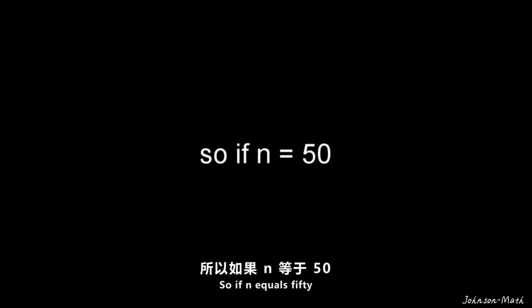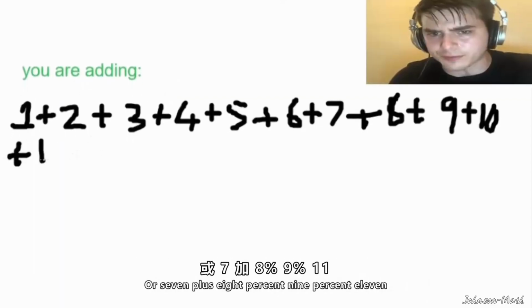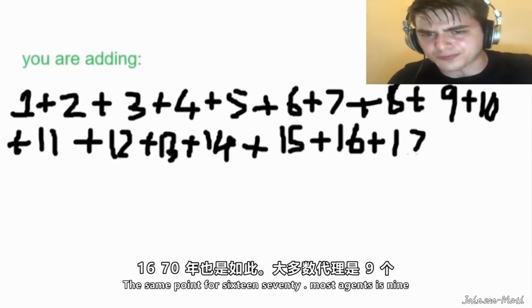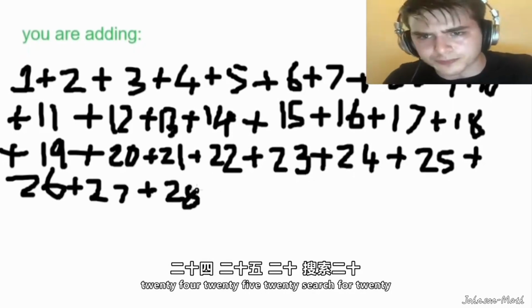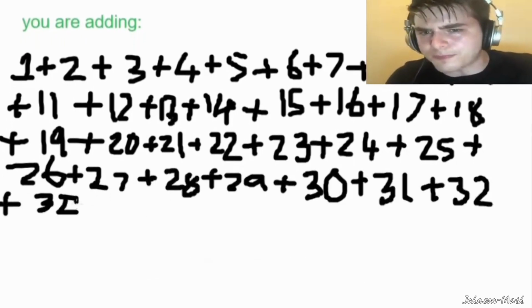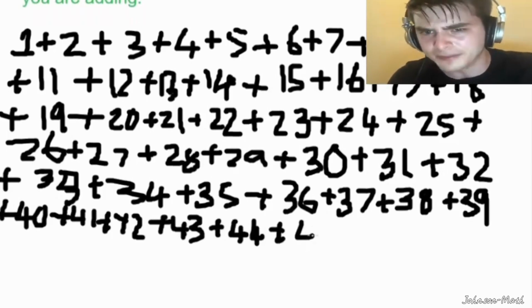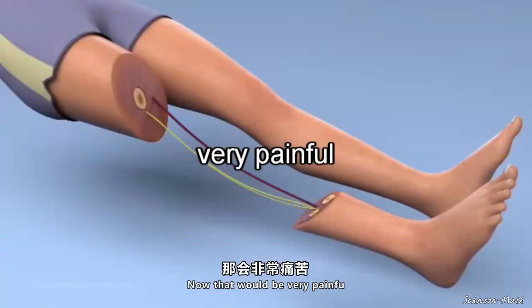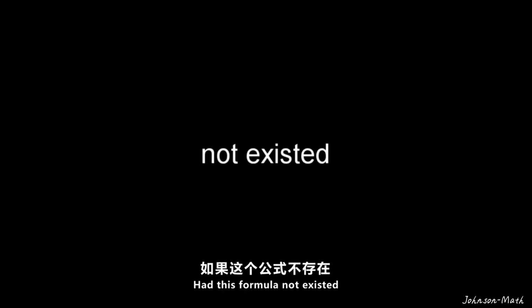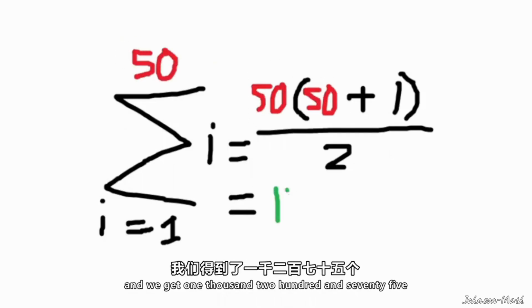So if n equals 50, you are adding 1 plus 2 plus 3 plus 4 plus 5 and so on, all the way up to 50. Now that would be very painful. Had this formula not existed, simply plug 50 into n and we get 1275.